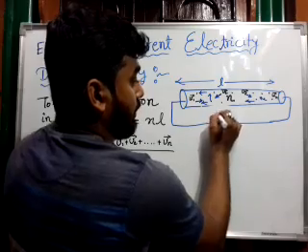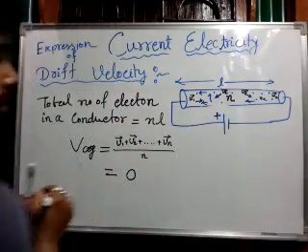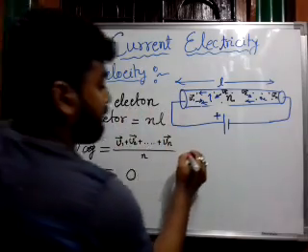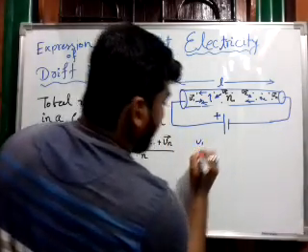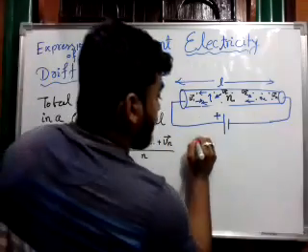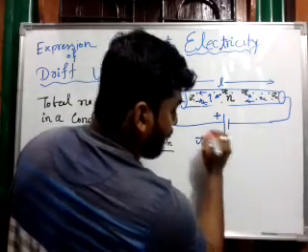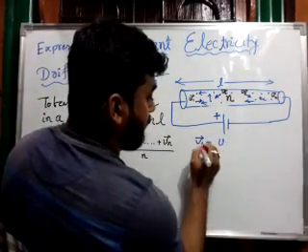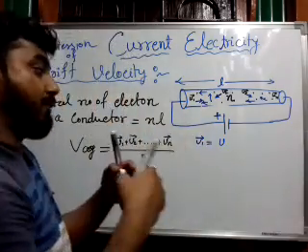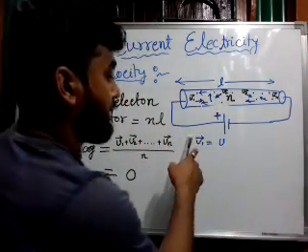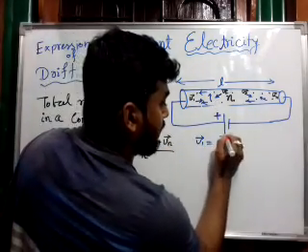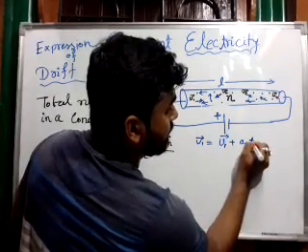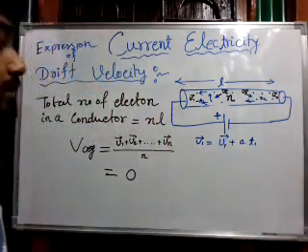The final velocity of the first electron after applying potential is V1 vector equal to U1 vector plus a into t1. Clear? At time t1.